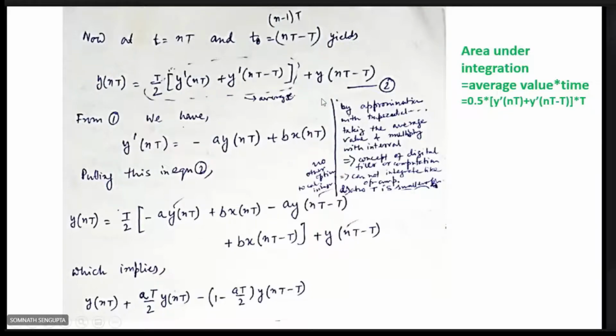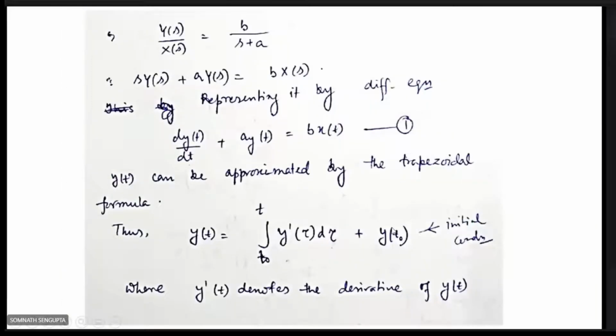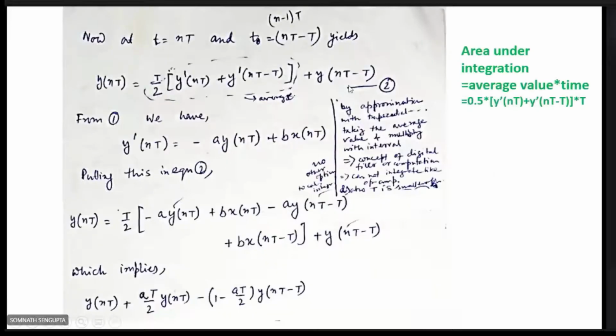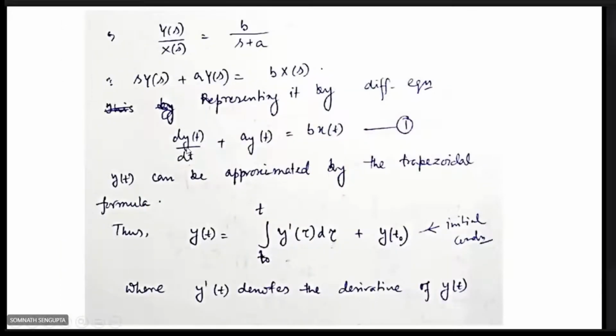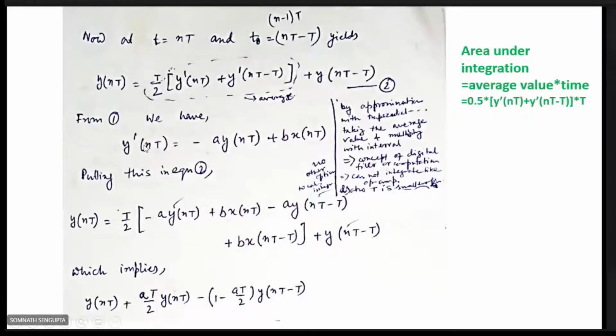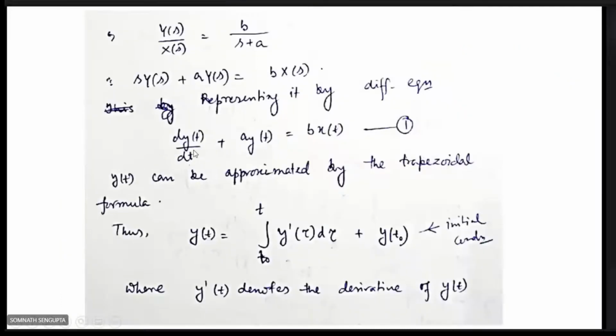So now the last value is y t0, which means y of nT minus T. Now from equation 1, dy/dt means y dash nT at t equal to nT, that is minus a y nT plus b x nT.